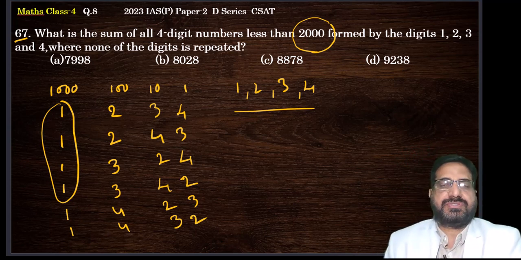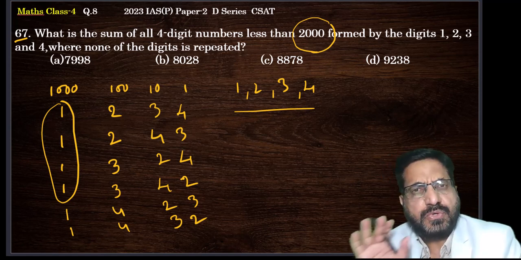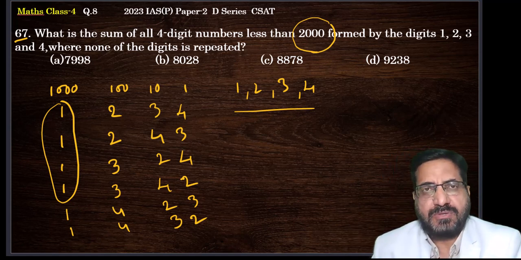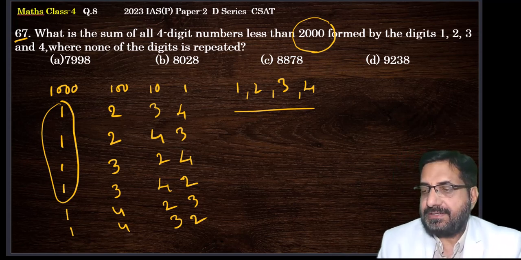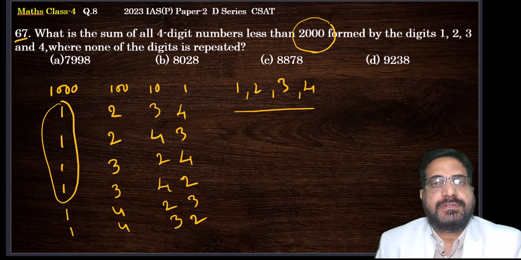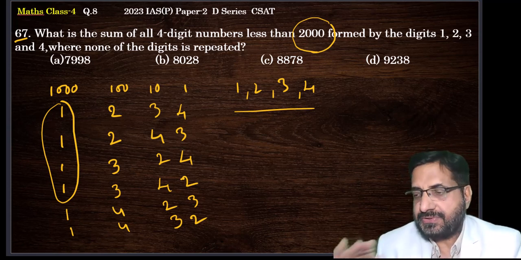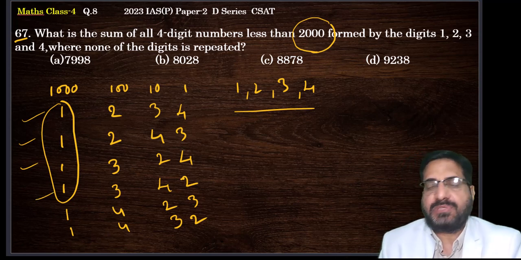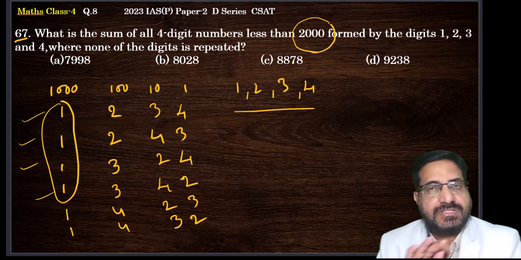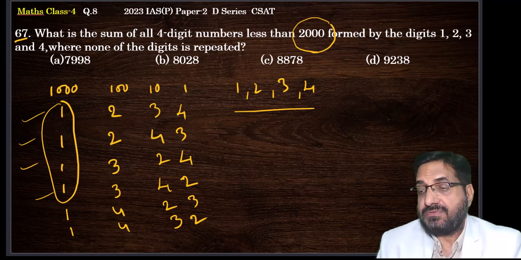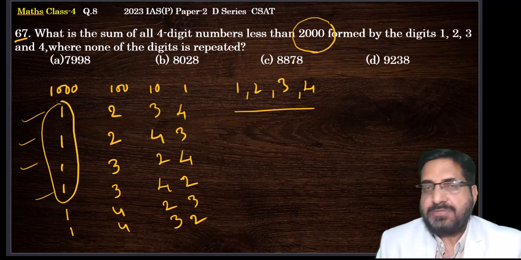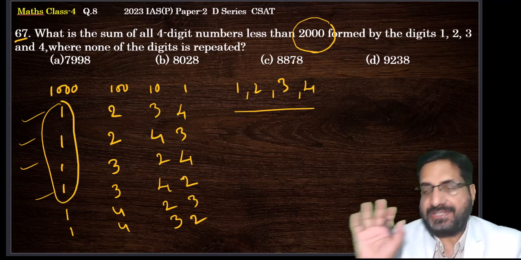Six numbers which are 4-digit numbers can be formed such that none of the digits is repeated and the number is less than 2000. You look at each number, none of the digits is repeated. So these are the possible numbers under the given conditions.